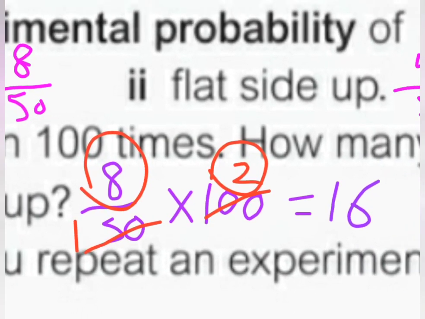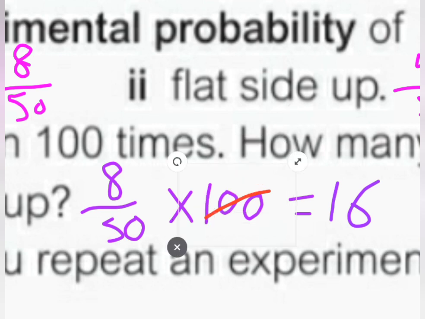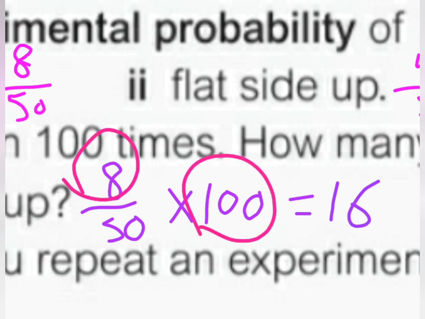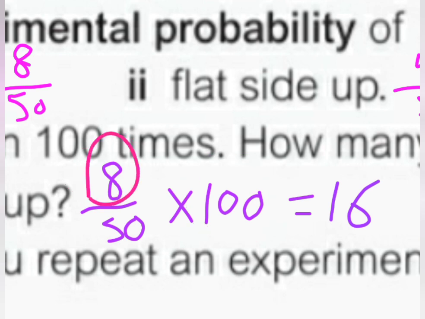Now, if you don't know how to do this, you can use the calculator. In the calculator, you multiply 8 by 100 and then divide by 50, or divide 8 by 50 and then multiply by 100. Now, let's go use the calculator and then come back.